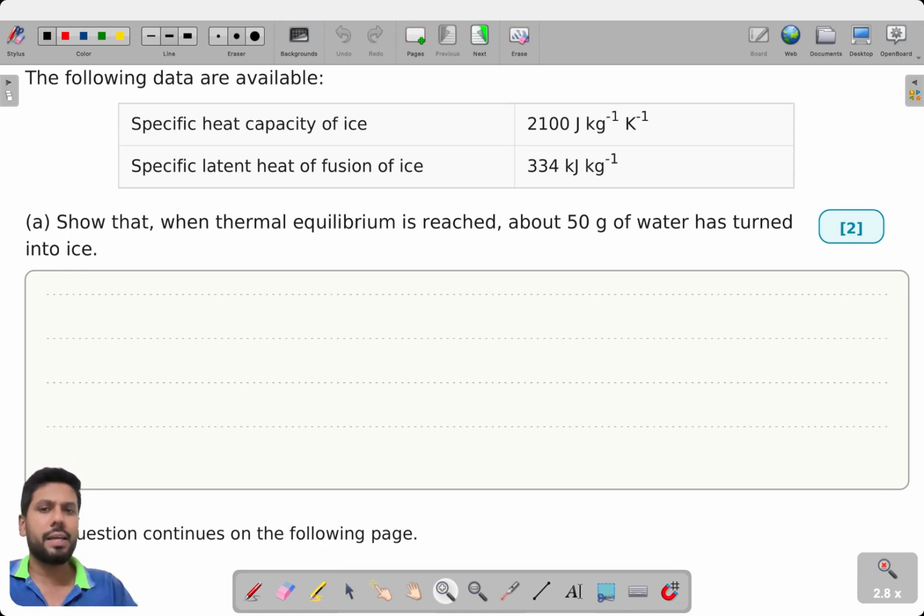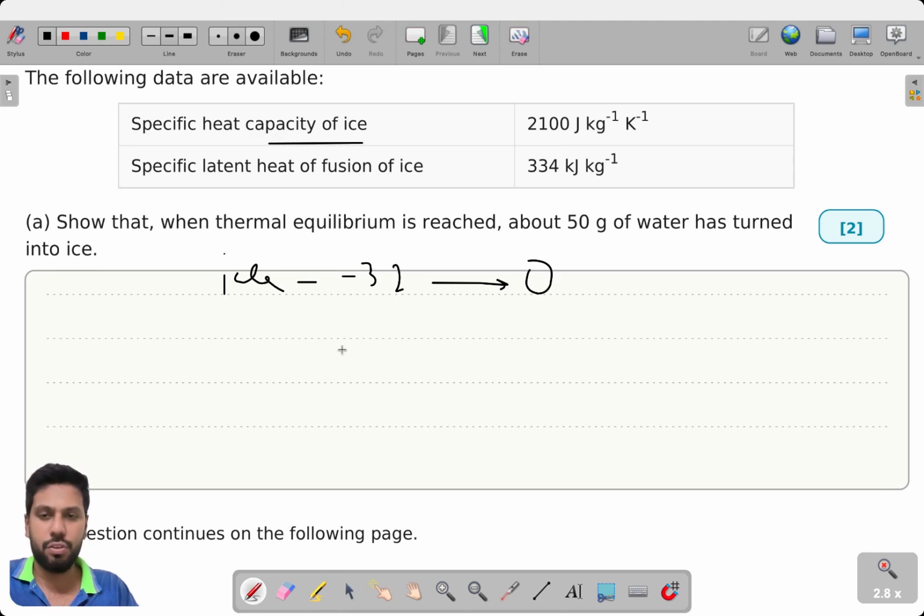Now let me calculate the energy required to raise the temperature of ice from minus 32 to 0. Here I'm going to use the specific heat capacity of ice. Q is equal to mc delta T, where delta T is 32, the c value is given, and the mass of ice is given.